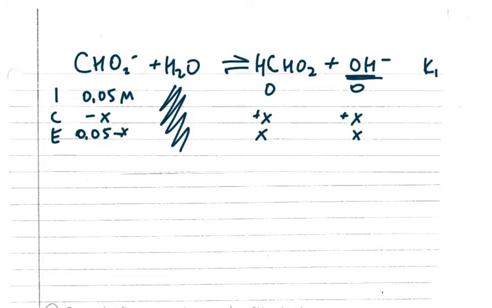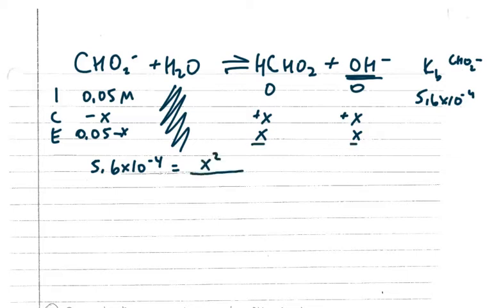The Kb for CHO2 minus is 5.6 times 10 to the negative fourth. So we plug into our equilibrium expression: 5.6 times 10 to the negative fourth equals the concentration of the products, X times X, which is X squared, divided by the concentration of the reactant, 0.05 minus X. We're going to assume that X is small enough.